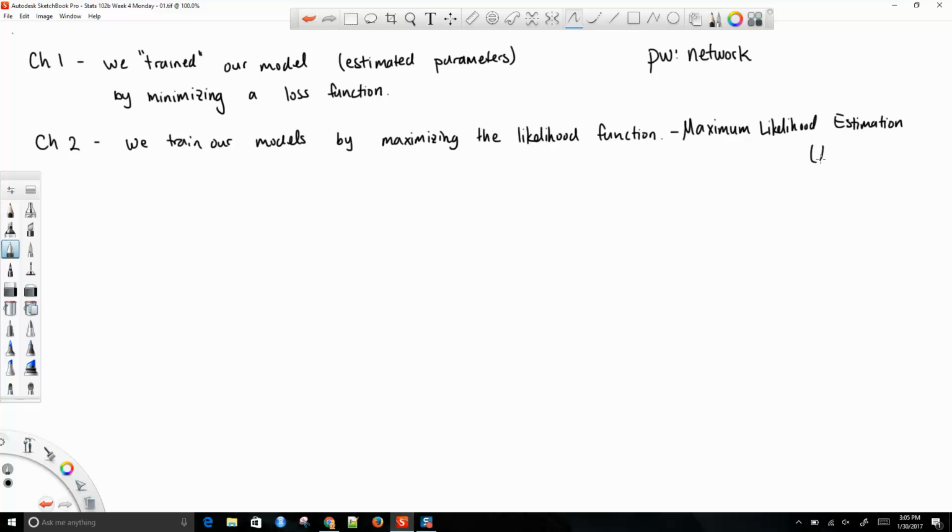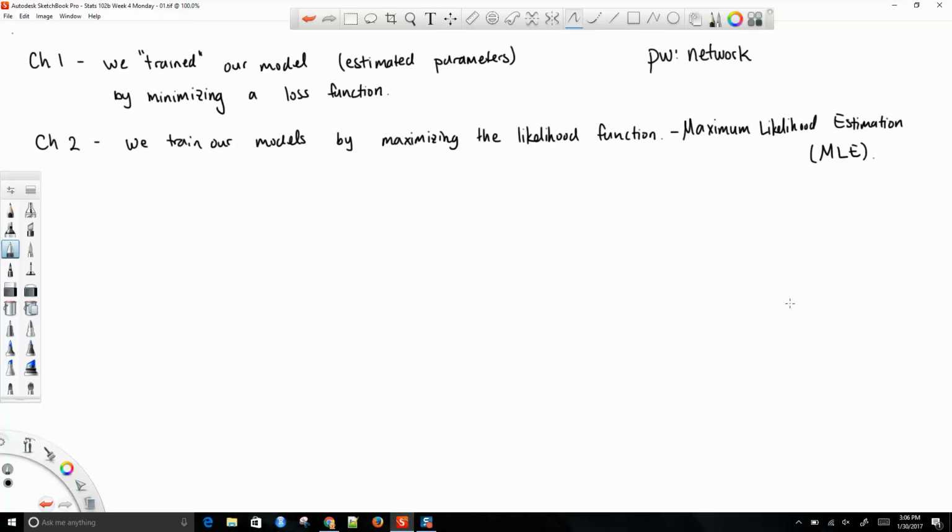Or MLE, and you might have covered this in 100B already. We will take a look at it again today in the context of training models.